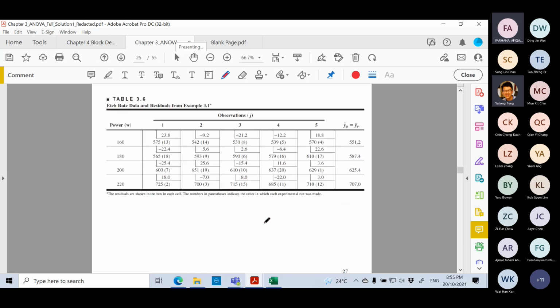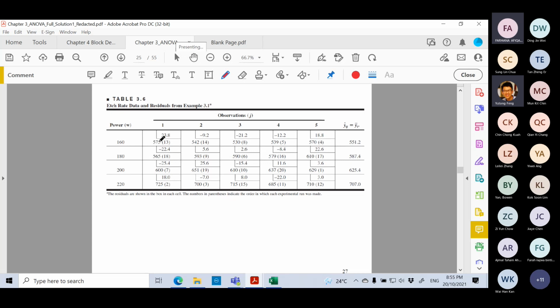In this table, just now you got the answer 575. I just show you how this table is. As I mentioned, the residue will be equal to Yij minus the mean. This 575 is the data itself.